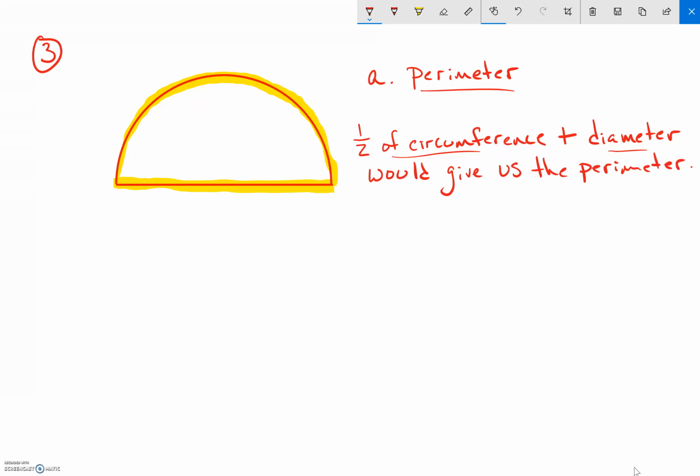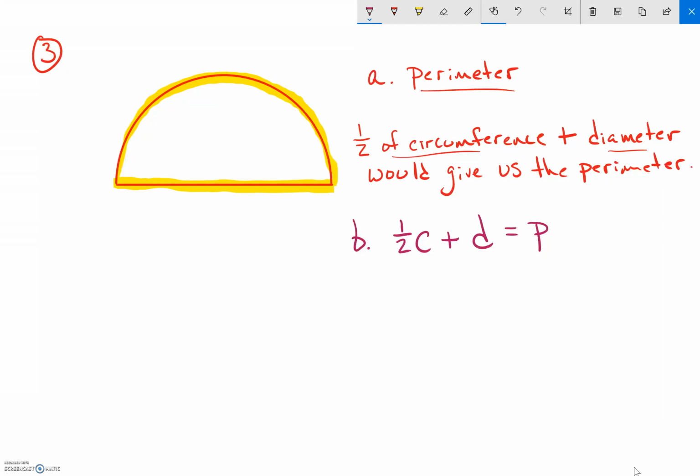Part B says, using D to represent the diameter of the circle, write an algebraic equation that will result in the perimeter of the circle. So it would be exactly what we just said. 1/2 of the circumference plus the diameter would equal the perimeter. And that would work every time for a semicircle.